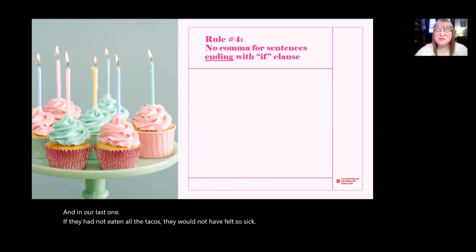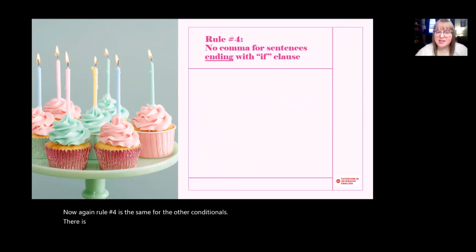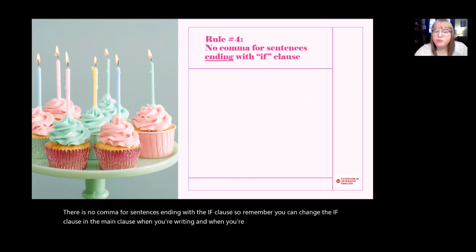Now again, rule number 4 is the same for the other conditionals. There is no comma for sentences ending with the if clause. So remember, you can change the if clause and the main clause when you're writing and when you're speaking. But if you're writing, you do not need a comma if the if clause is at the end.